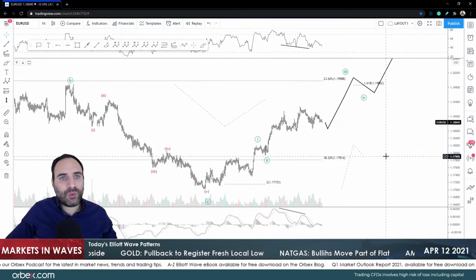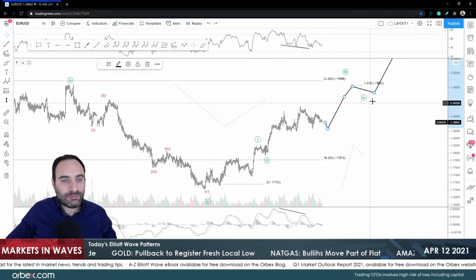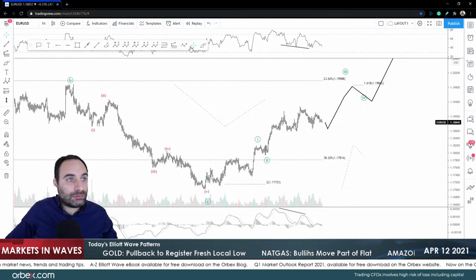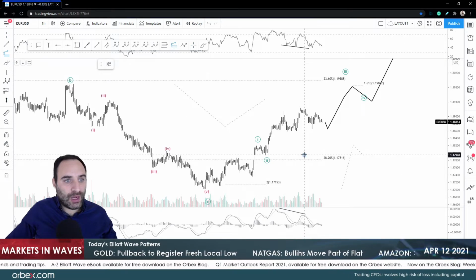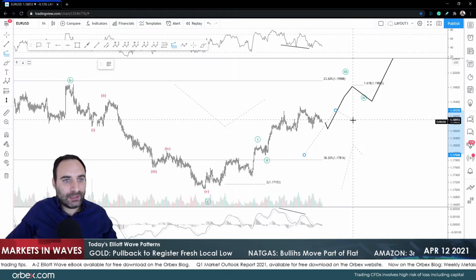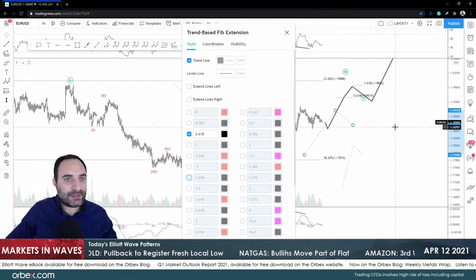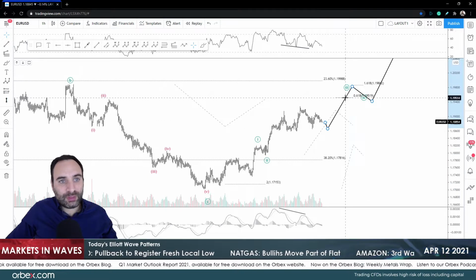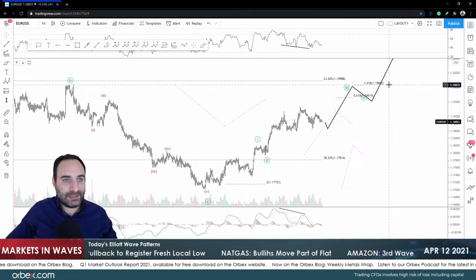So 119.86 for wave 3, which is down here. Then we'll get the correction and then up. Now, we've got to assume that we've done 1 and we're going to get 4 around here, which means we need to get to 0.618. So wave 3, in my opinion, is going to end anywhere between 119.51 and 119.86.